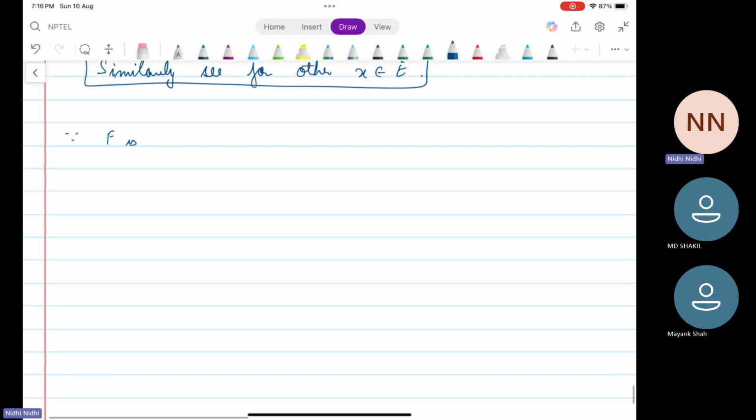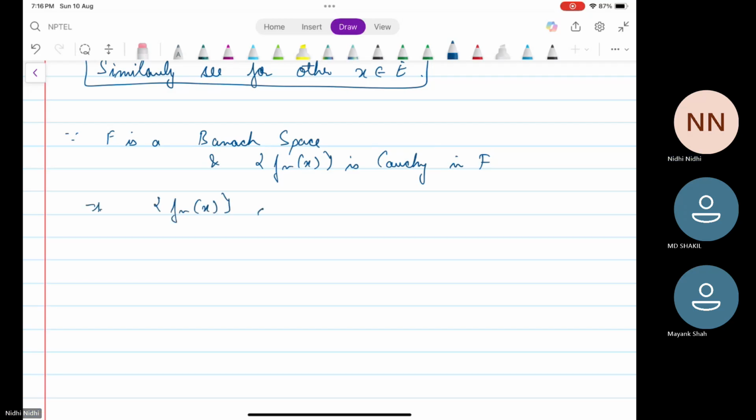Now since F is a Banach space, and Fn x is Cauchy in F, this implies Fn x is convergent in F for every x in E. Now define Fx to be that limit at every x, limit n tending to infinity.